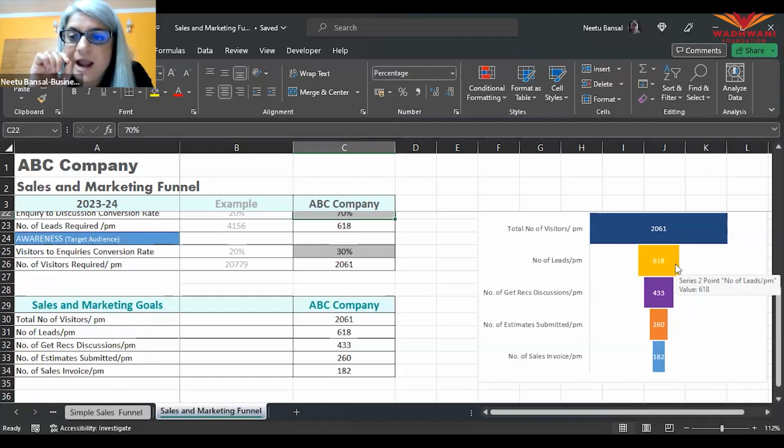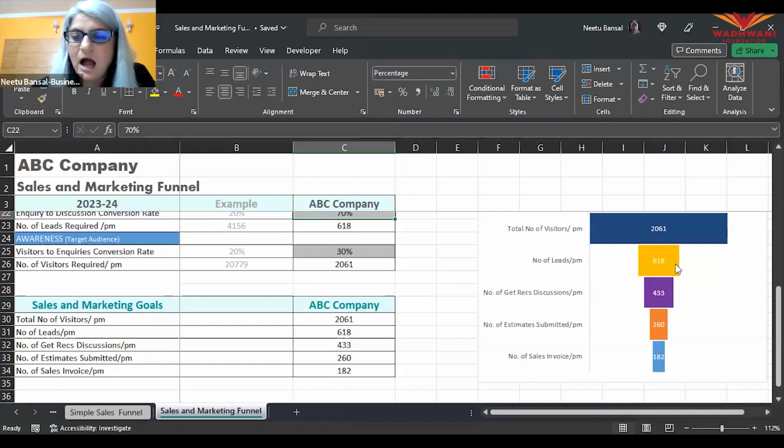So if you say that you don't have the budget to reach out to 2,000 people every month, you know that your marketing budget is not in line with your revenue targets or your conversion ratios. So you need to go back and play around.